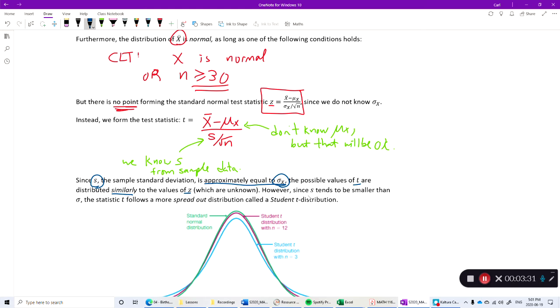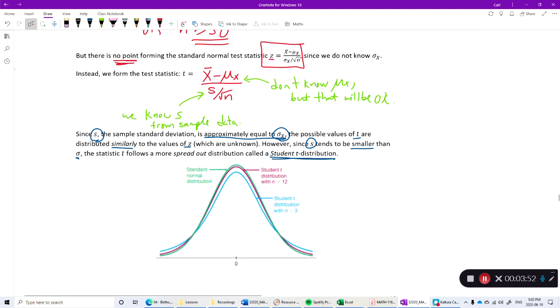However, since s tends to be smaller than sigma, the statistic t has a different shape. It's a bit more spread out. And it has a name. It's called the t-distribution or the student t-distribution.